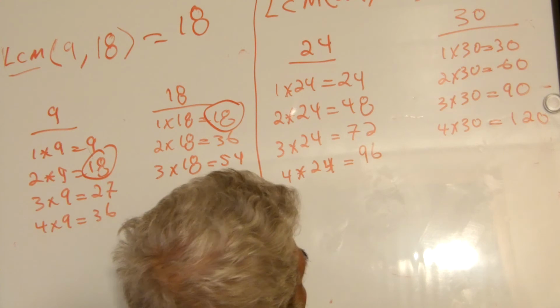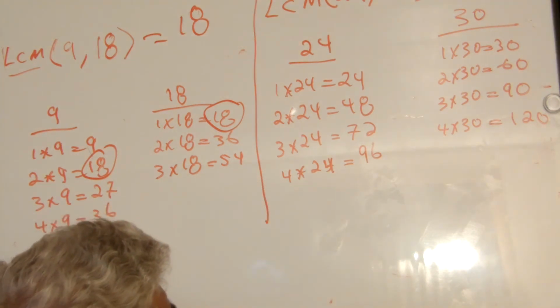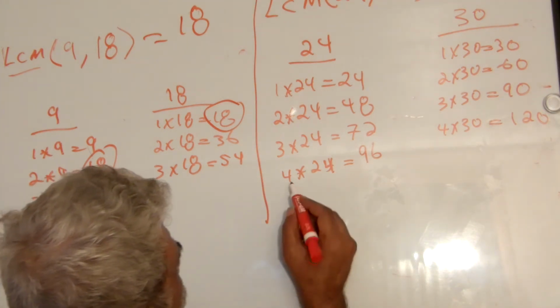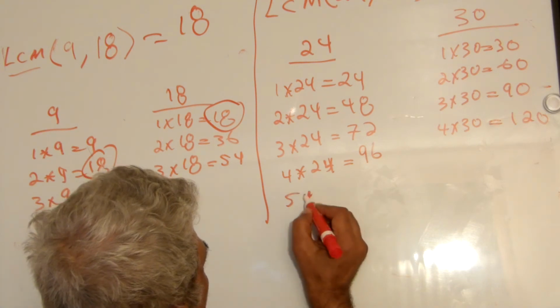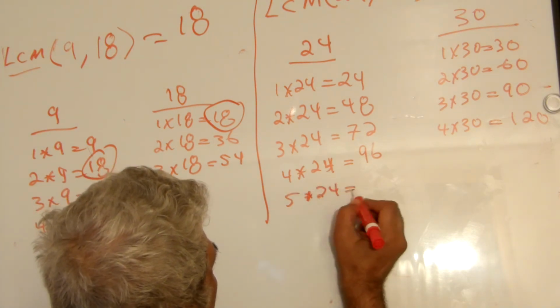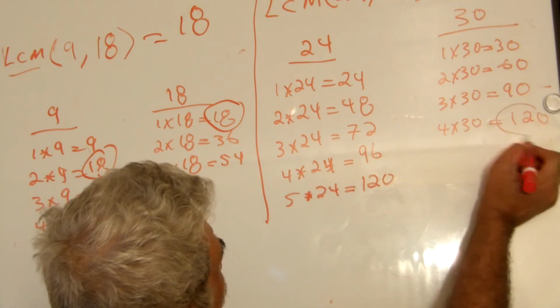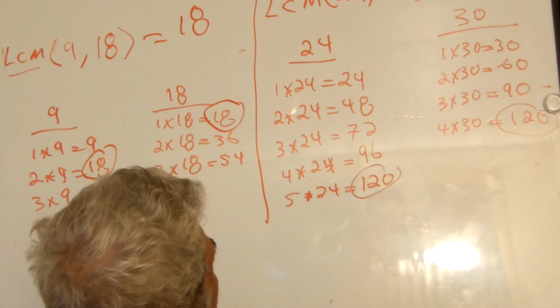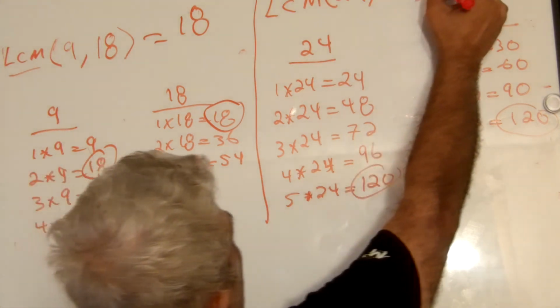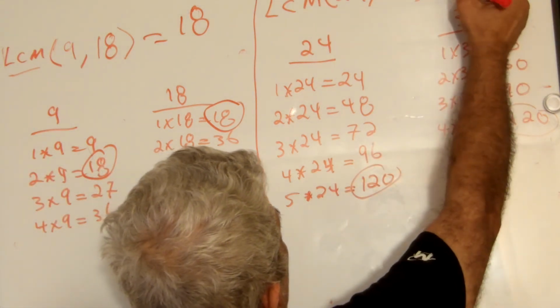So far there is nothing common, so we have to continue this. 5 times 24 is going to be 120. See here, 120, 120, the least common. So the LCM of these is going to be 120.